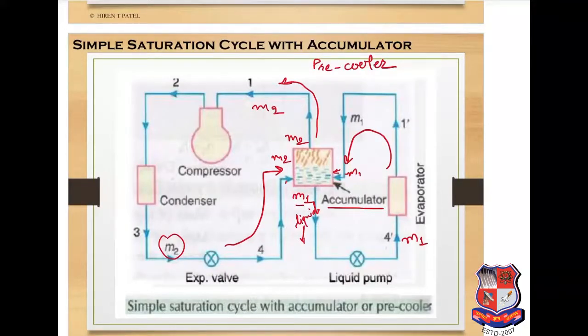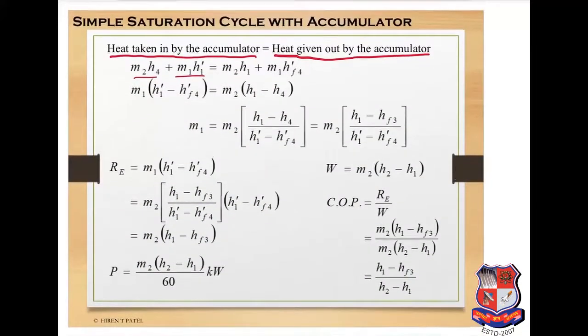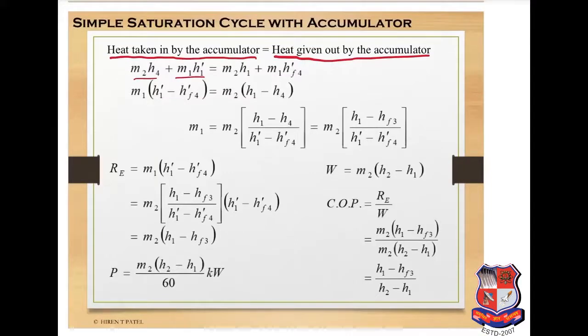Same as total mass, that is M2 entering the accumulator after the expansion valve and M2 in vapor form. So total mass M2 in vapor form is transferred to the compressor. So M2H4 plus M1H1 dash is equal to M2H1 plus M1HF4 dash.